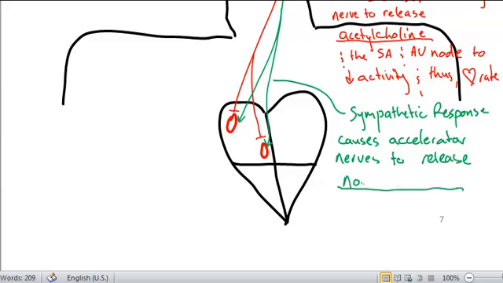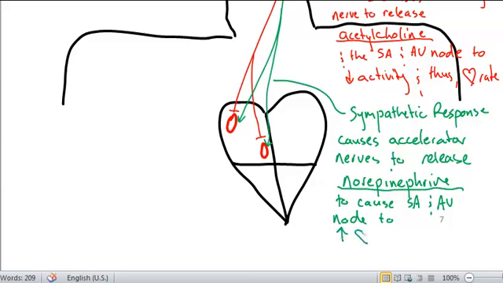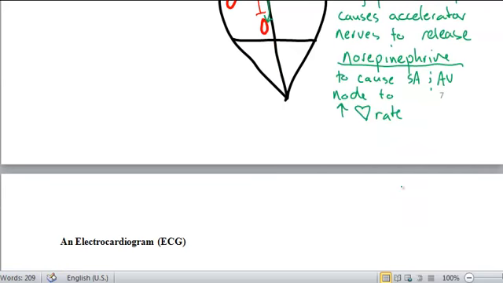If you said norepinephrine, you are correct. To cause SA and AV node to increase heart rate. Okay.